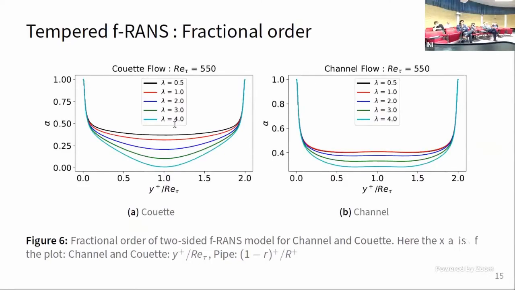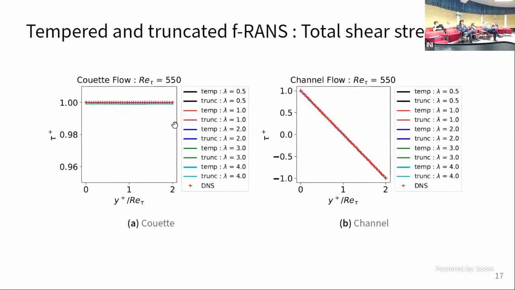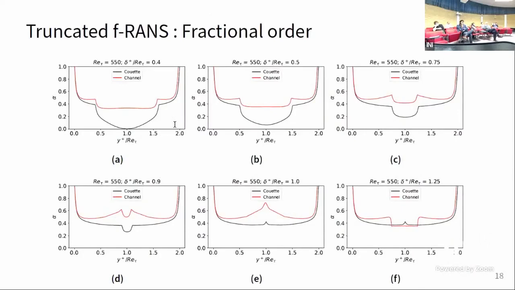But the interesting thing to note is that as the exponential is a nice smooth function, you get a solution that is very smooth as well. In the case of the truncated definition, it is a sharp cutoff, and that sharp cutoff will have a domain which you plotted as a function of y plus.